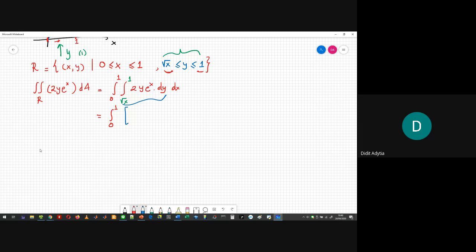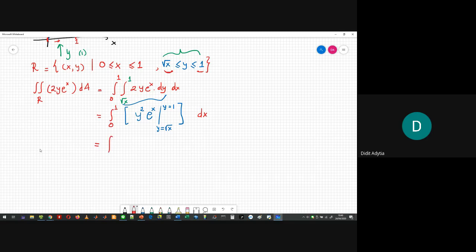With respect to y, di sini ada e^x, berarti kita tulis dulu e^x ya, karena dia konstan, karena dia fungsi yang lain. And then we integrate with respect to y so that it becomes y squared. Benar nggak? Oke. Ini kalau diturunkan ini ya. Oke. And then y is from square root of x until 1.